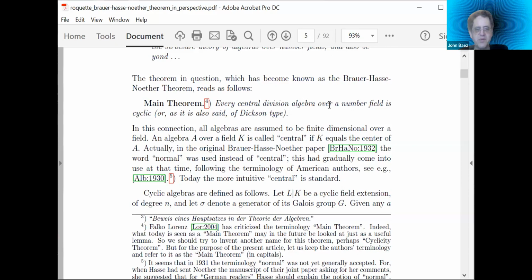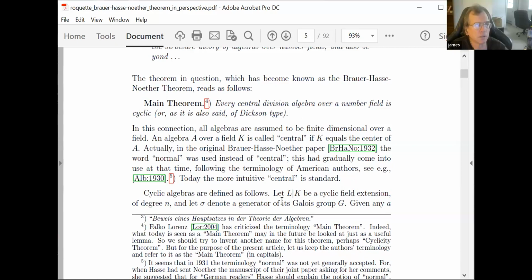Every central division algebra over a number field is cyclic or of Dixon type. And what I'll show you is that this cyclic kind means that it's a twisted version of a group algebra, where the group is a Galois group. Yes. Or actually a cyclic Galois group.